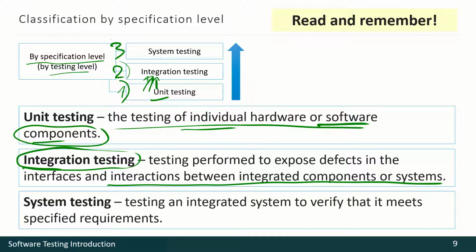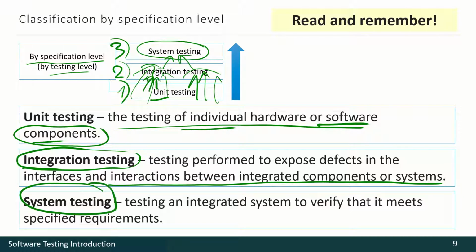And finally, when the whole system is assembled from a lot of small units into bigger units, and then from those bigger units into the whole system, it's time for system testing. With system testing, we analyze the whole system as something inseparable, and we see how the system works.